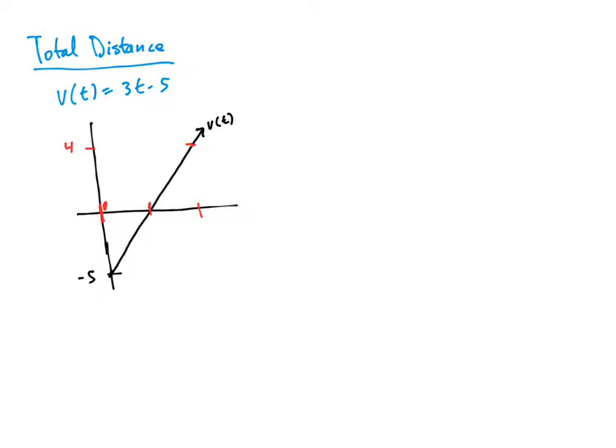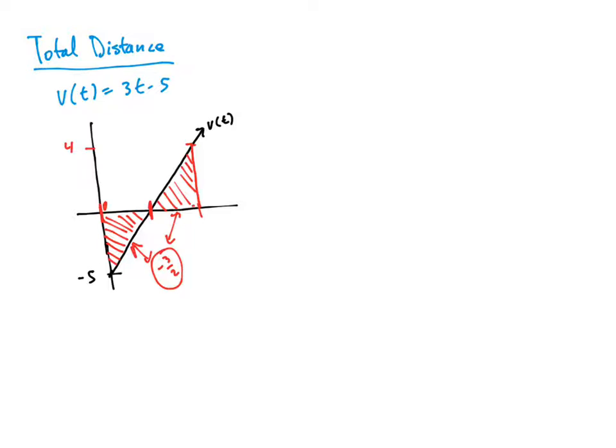So we need to figure out what value the function is hitting the x-axis, because this area down here is going to be negative, and this area up here will be positive. So when we found the displacement, we found this area and this area, and we added these together, and that gave us -3/2.